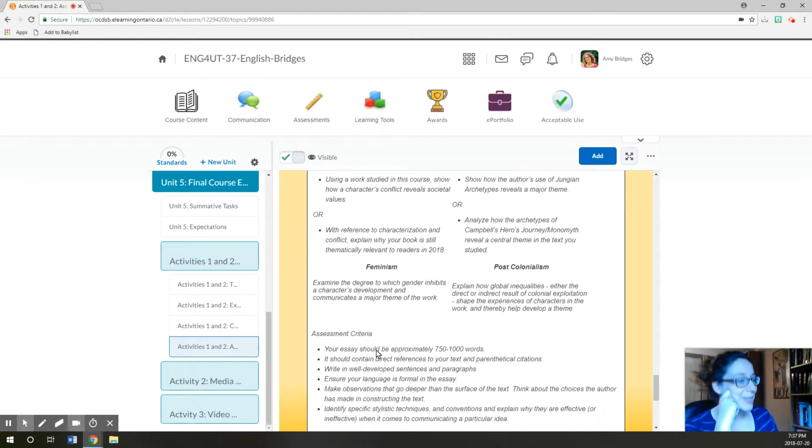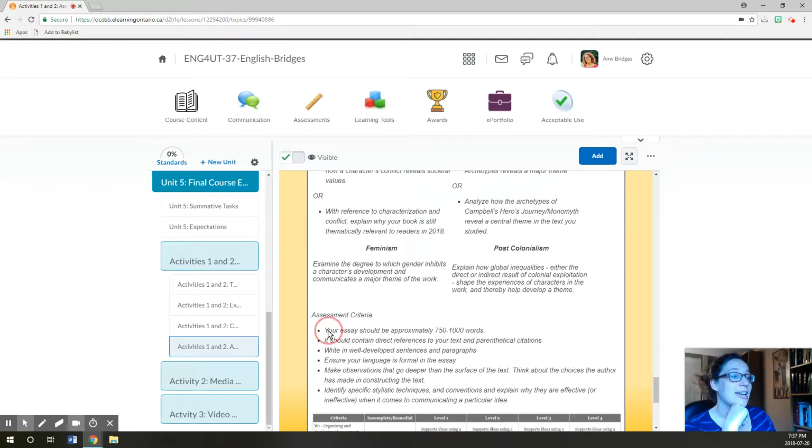Right. Anyway, so for the assessment criteria, your essay should be approximately 750 to 1,000 words. It should contain direct references to your text and parenthetical citations. So anytime you're quoting from your book, you're going to use the author and the page number. If it's your only source, you can just use the page number after the first incident.